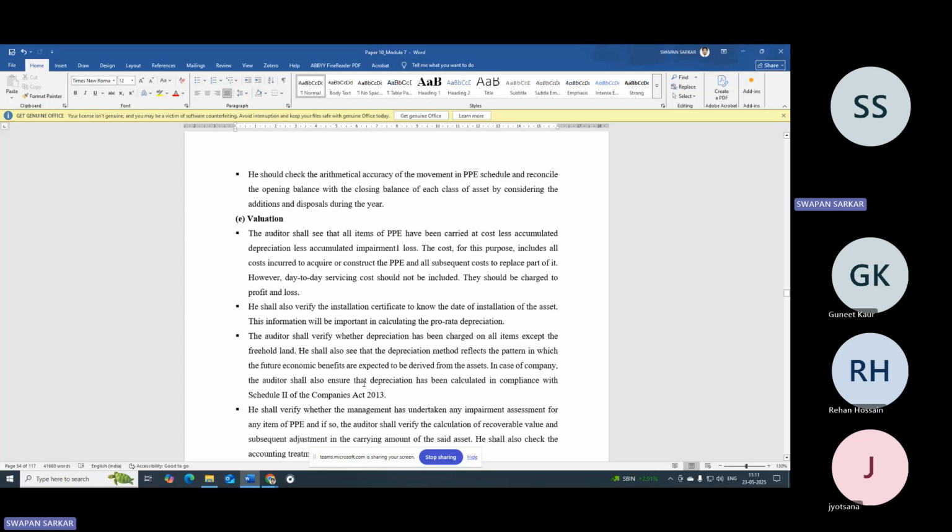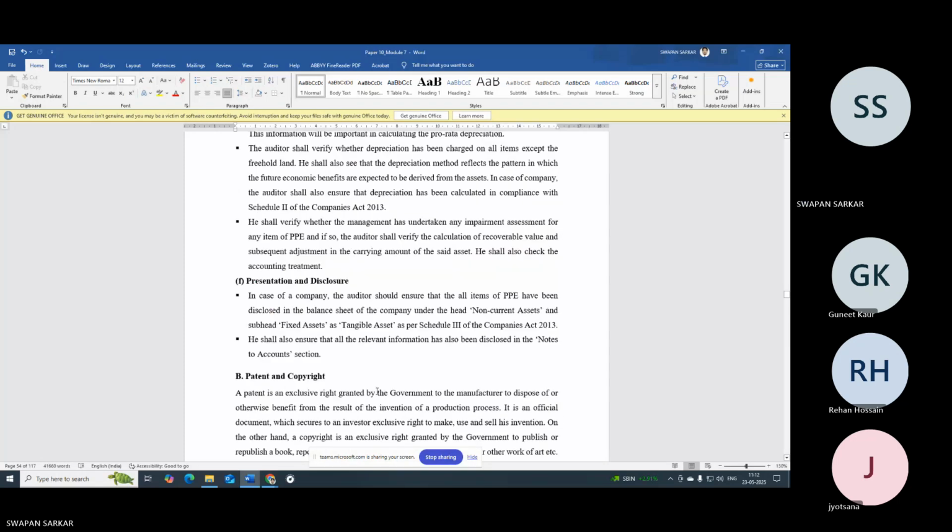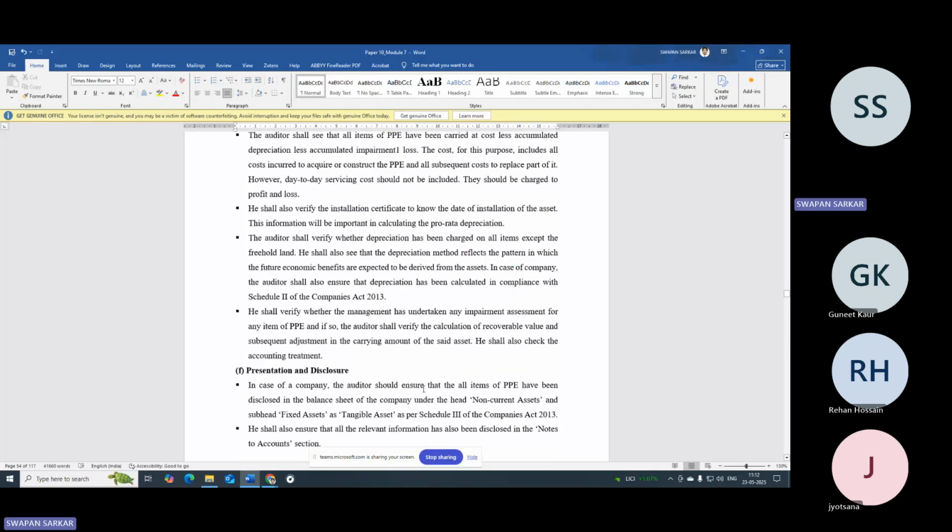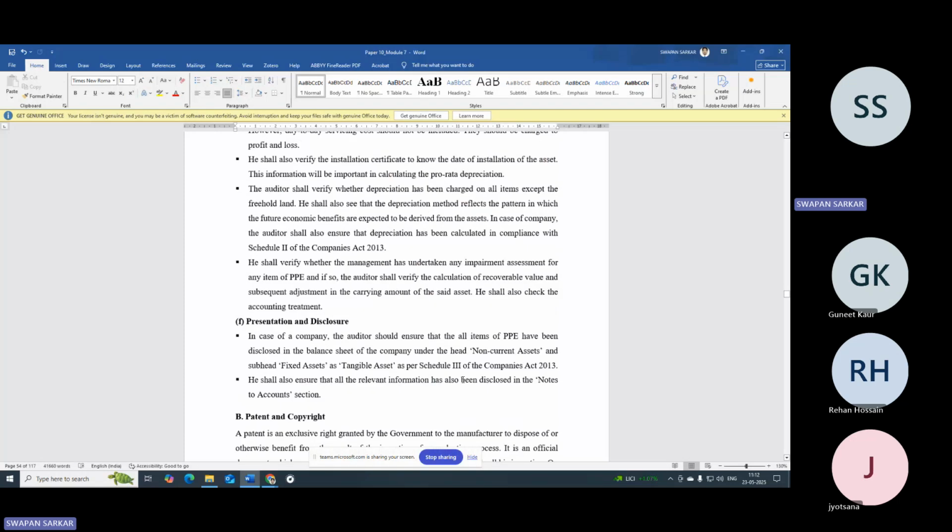However, day-to-day servicing costs should not be included. They should be charged to profit and loss. Next, he shall also verify the installation certificate to know the date of installation of the asset. This is for calculating pro rata depreciation. Similar other provisions regarding valuation are also there.